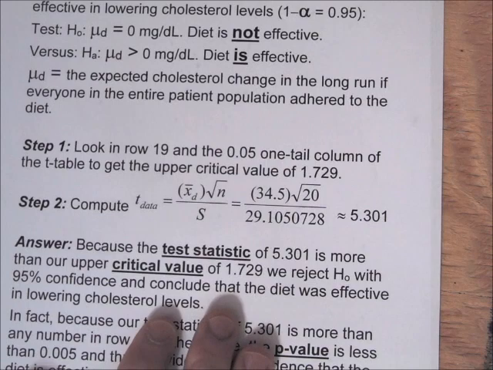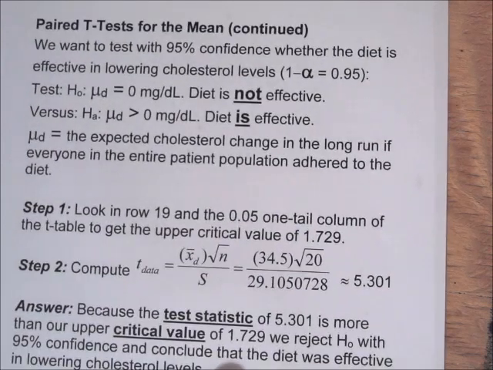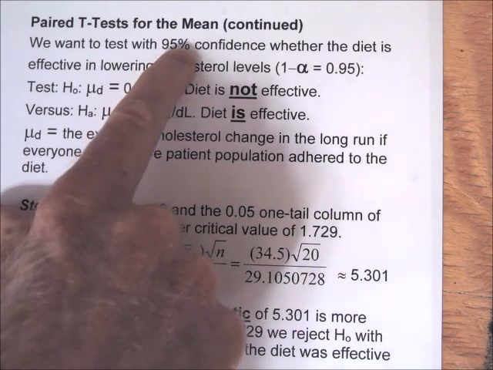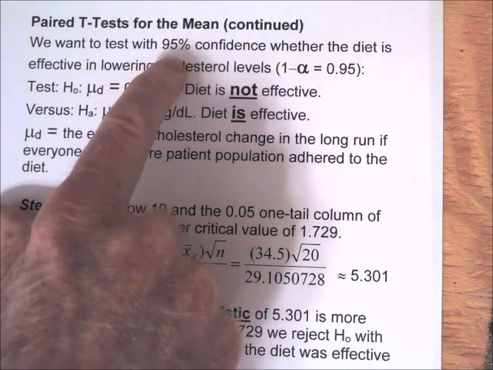So for our critical value, we'll use the critical value method here. We have 20 patients. 20 minus 1 is 19, and our desired confidence is 95%. That leaves 5% doubt.